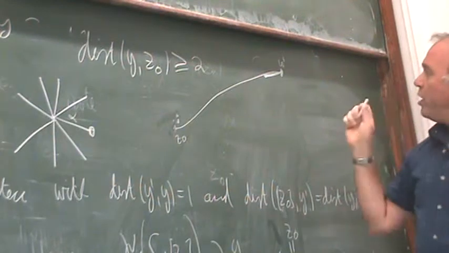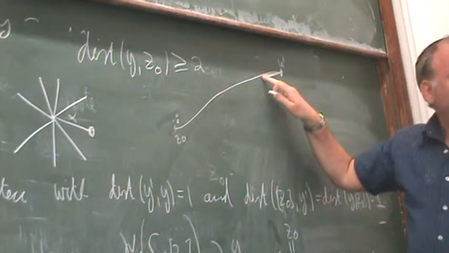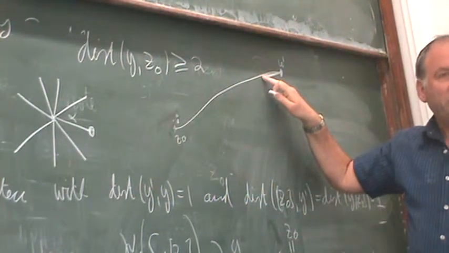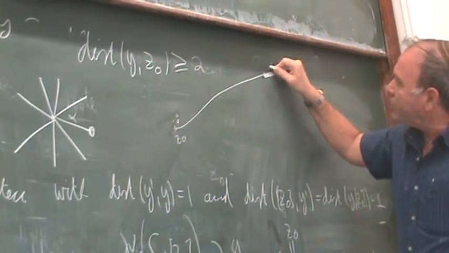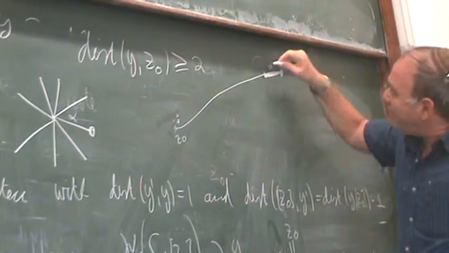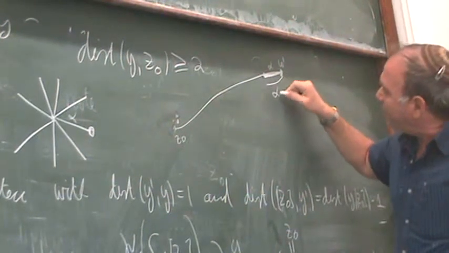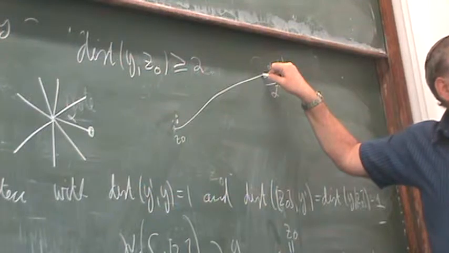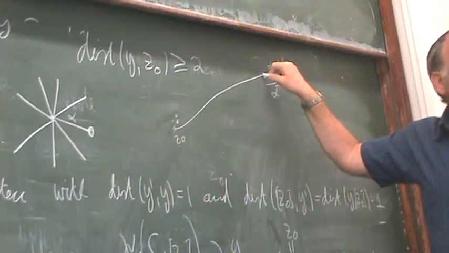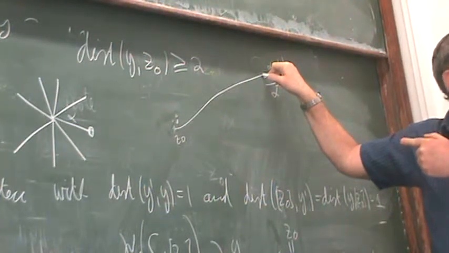I know which element is going to take me backwards. If I arrived from here to here by multiplication by alpha, then if I apply alpha to the minus 1, I will go backwards. That's it. In all other ways, I will go forward.